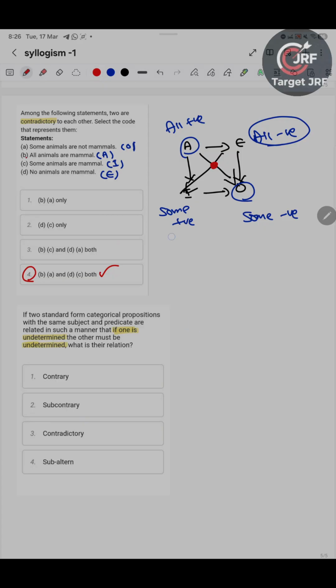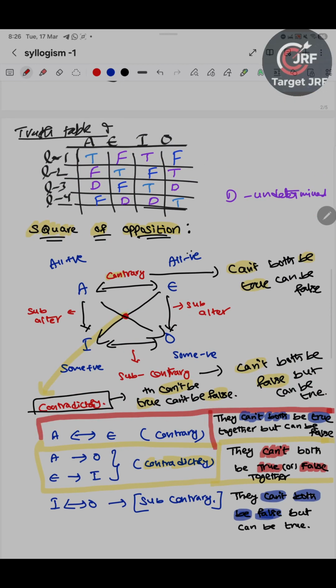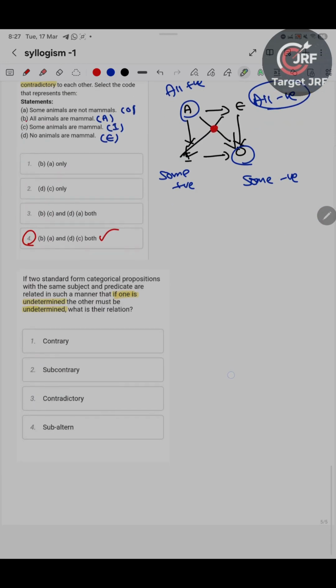We have already seen that contradictory means they can't both be false, and they can't both be true.